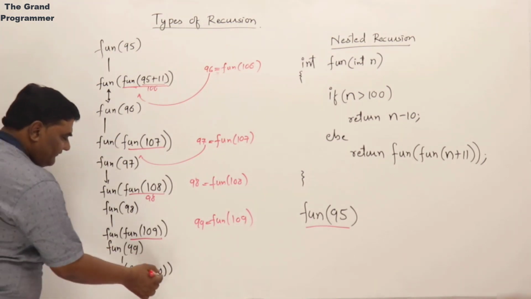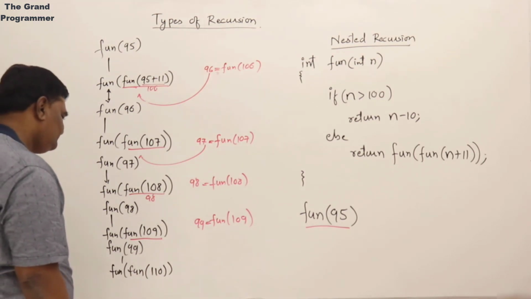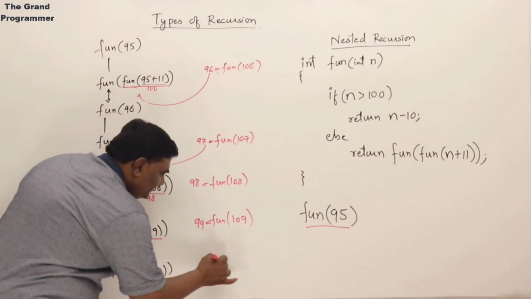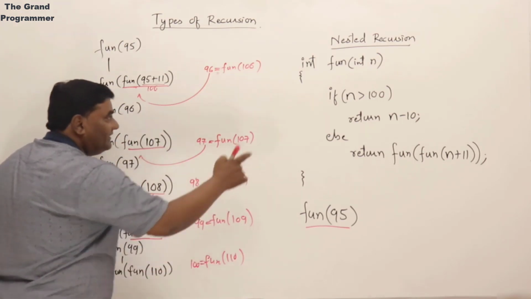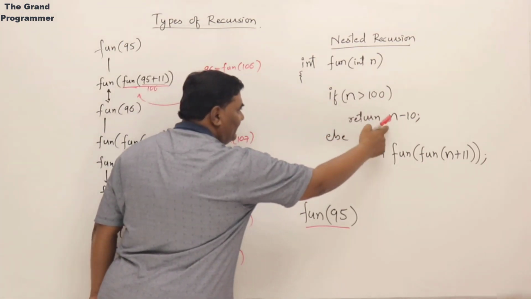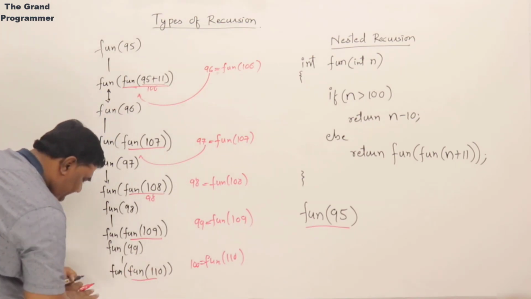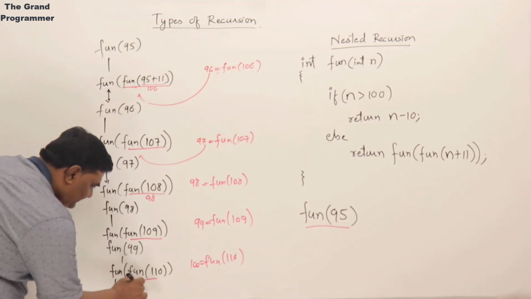Now what is the result of 110? Fun of 110 will be 100. Here it enters into the if part and returns minus 10, so this is 100. So this call becomes fun of 100.